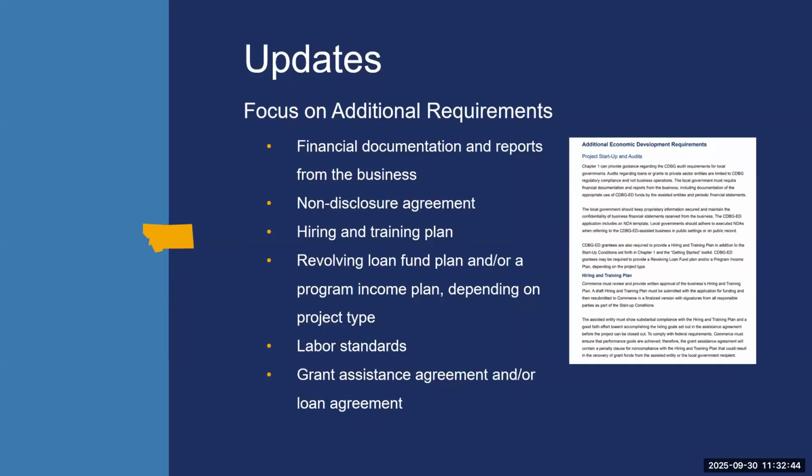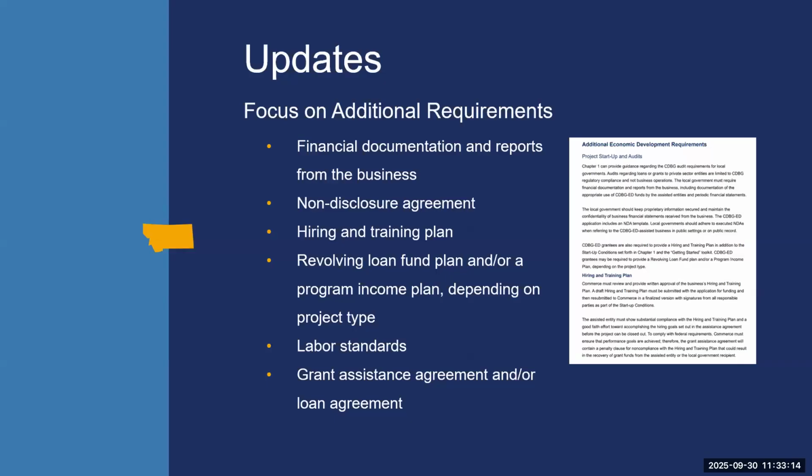Okay, so the main update is this. The new version does not repeat information that is found in other chapters. That's the main reason that it's shorter. For example, this chapter 8 on economic development does not repeat information that you can find in chapter 1, which is startup, chapter 5, which is drawdown of funds, chapter 6, which is labor standards, or the environmental review chapter.